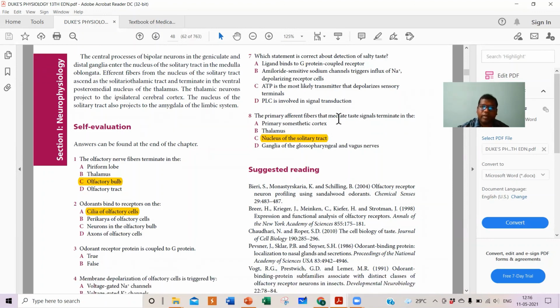The primary afferent fiber that mediates taste signal terminates in the nucleus tractus solitarius.